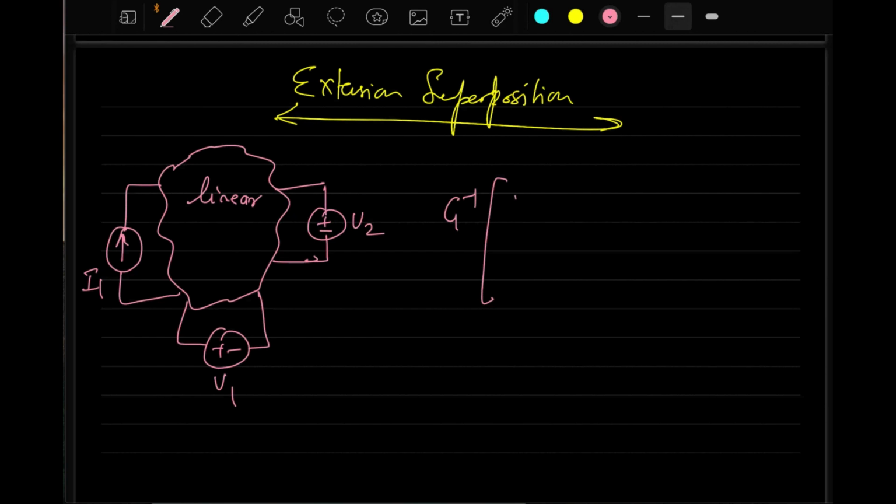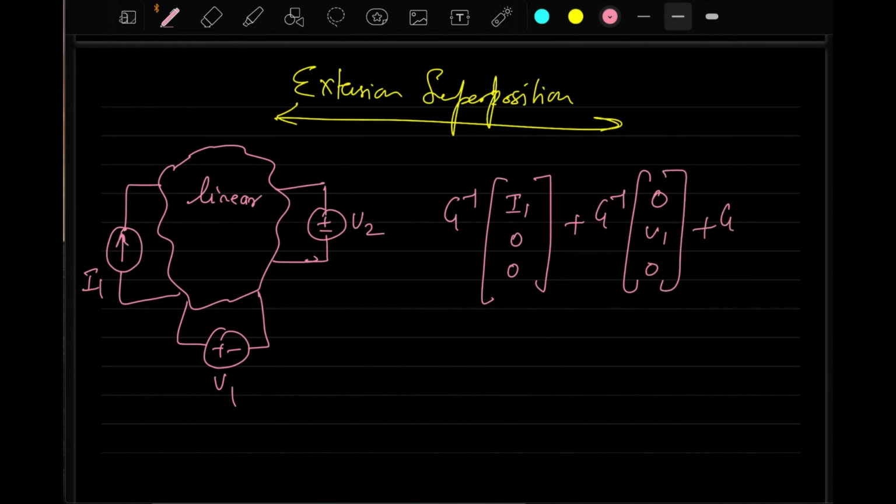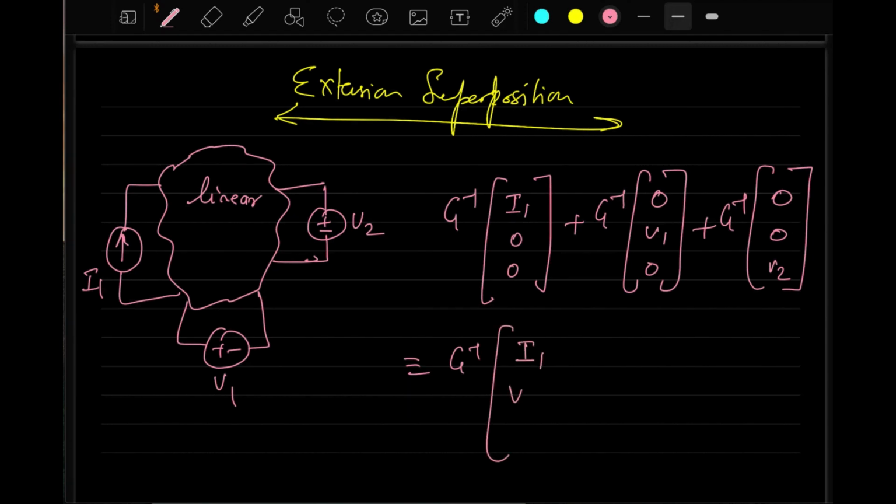So if you recall earlier, what we wrote was this expression, let us say. Here we will have V2. So it's not necessary that you always do this. You can do this also, because this is also equivalent: I1, V1, 0 plus G inverse 0, 0, V2.